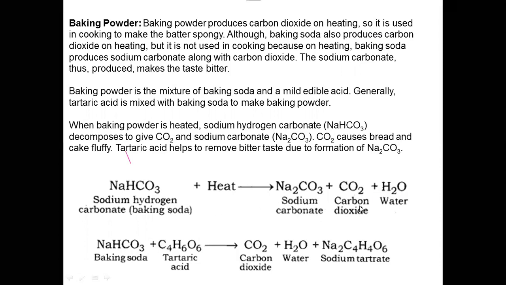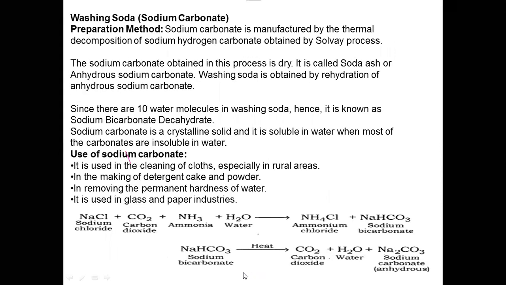So this is the reaction, that is the action of heat. And when sodium hydrogen carbonate, baking soda, is treated with tartaric acid, C4H6O6, it gives carbon dioxide, water and sodium tartrate, Na2C4H4O6, and this is the content of baking powder.